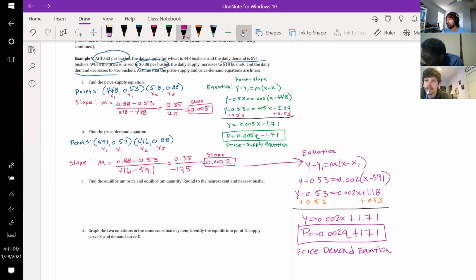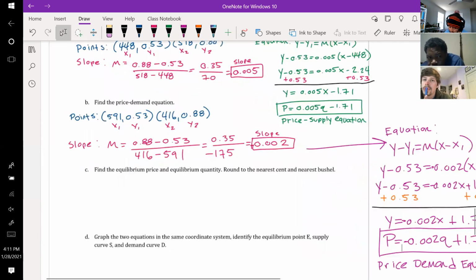Okay, so I think the long process is over for now. So next is find the equilibrium price and equilibrium quantity and round to the nearest cent or nearest bushel. Okay. So basically where those two lines are going to intercept? Exactly where these two lines intersect. So you can actually set up a system of equations if you want.